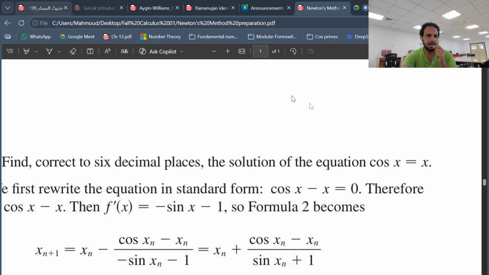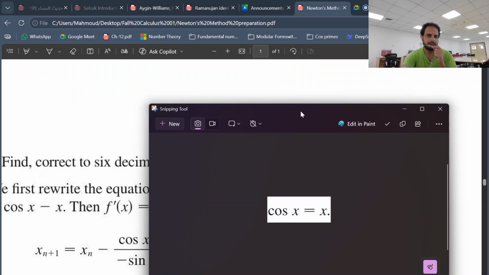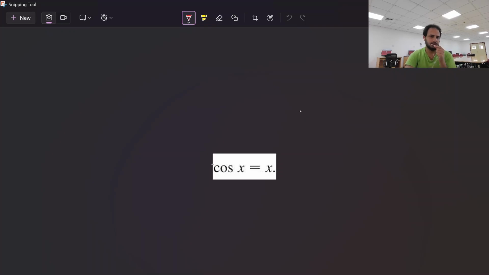So let's take the equation again. This equation here has the form f of x equals x, right? Good. But the function is cosine in our example. When you have this, this is called a fixed point. Fixed point, because you substitute something x, but the result is x.